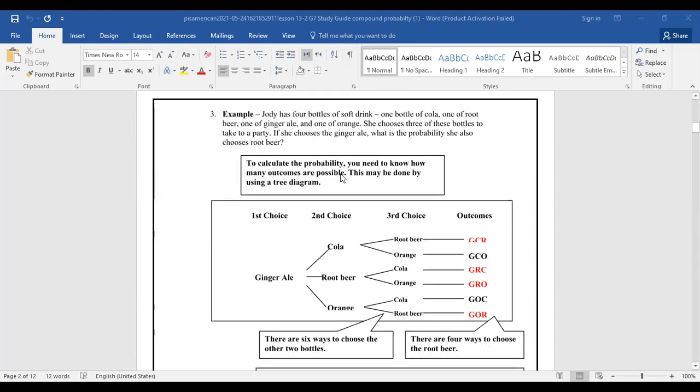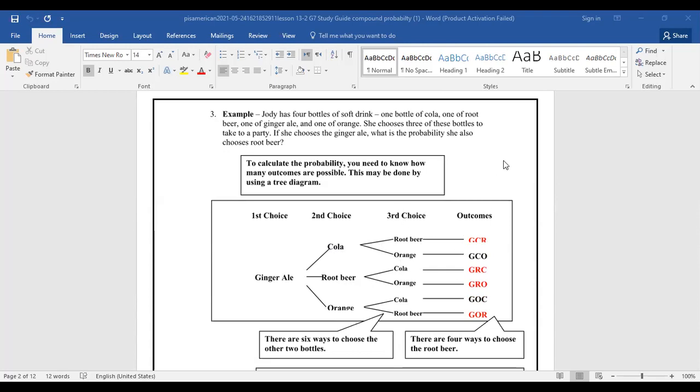In the second one, the first will work with 3. Now when we have cola and ginger, the rest will be 2. Then we start with 3 branches, and each branch we divide into 2. So by the end, we find that we have 6.